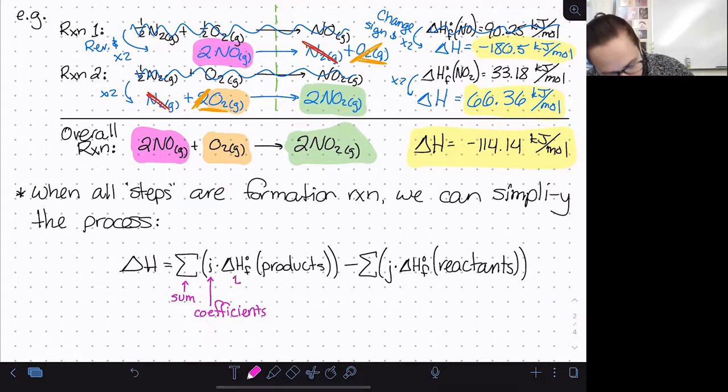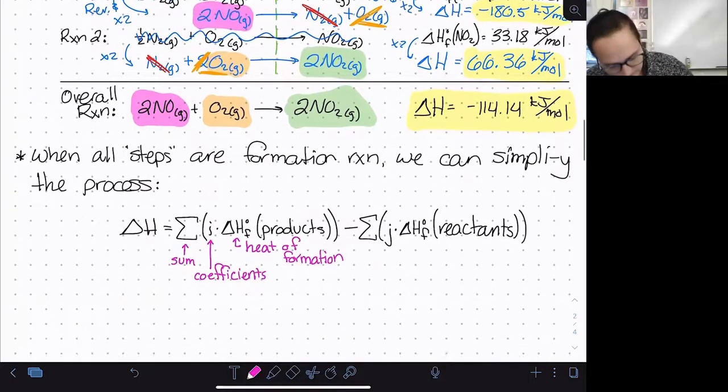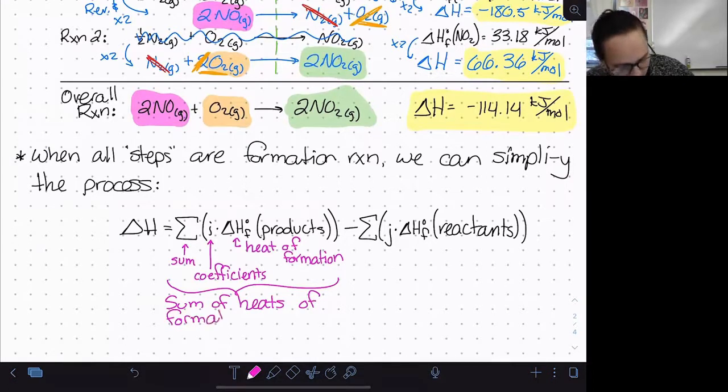And then our delta Hf is our heat of formation, which is data that you would be given. So all this is actually saying, all together, is that you're taking the sum of the heats of formation of your products multiplied by their coefficients.